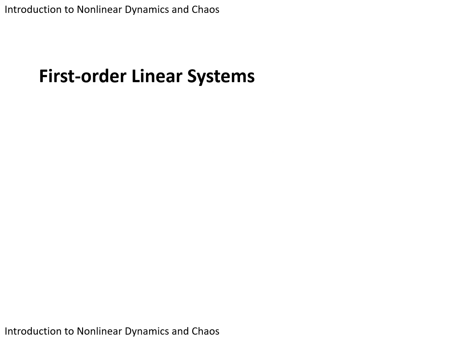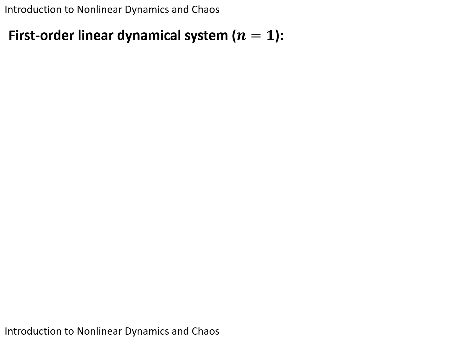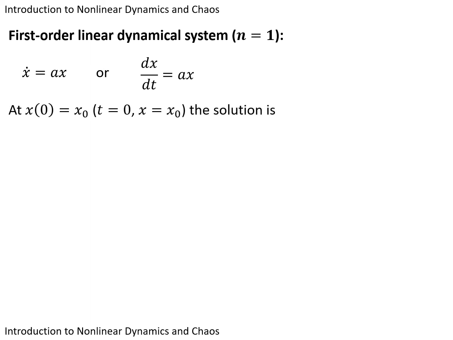Let's start from the first order linear systems. We have the first order, so n equals 1, and the system can be written in this form or in this form, dx by dt equals ax. With the initial condition x of 0 equals x0, the solution is the following.